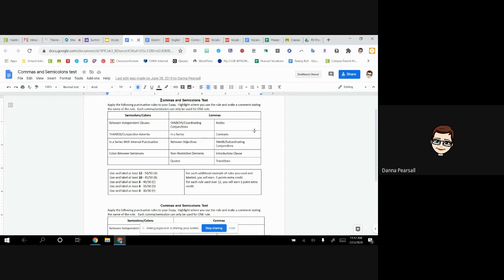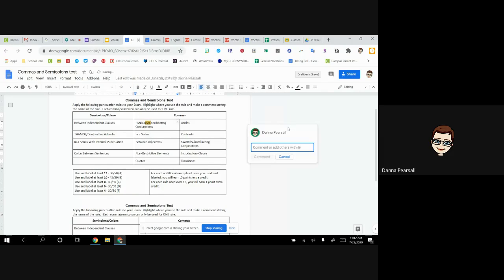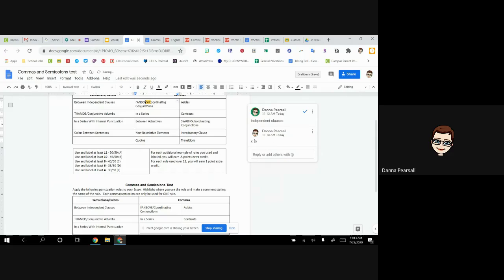And then I was pretty much paperless, so you can have them highlight on physical paper, but on Google Docs or whatever, they can highlight as well and say that's independent clauses. It's not, but you get what I'm saying. So they would label them, and then if it was incorrect, I would just put an X and reply.